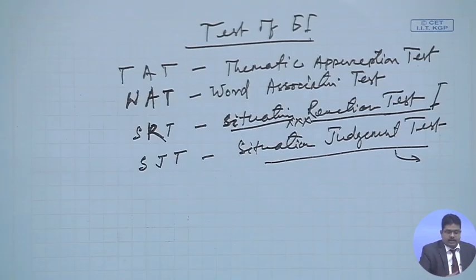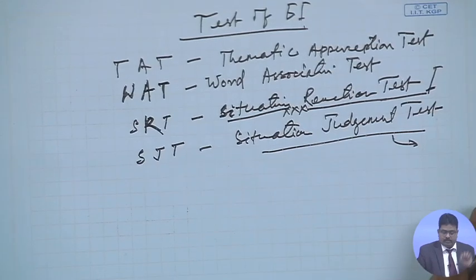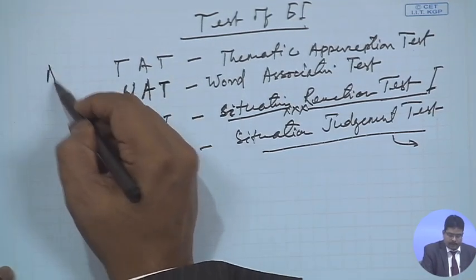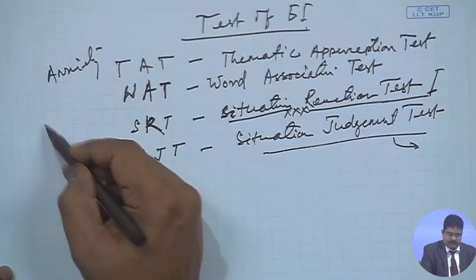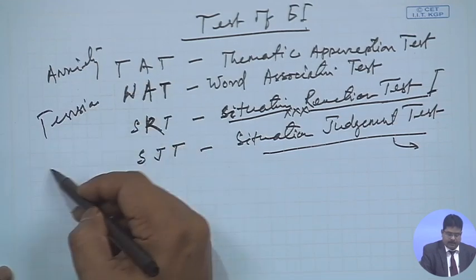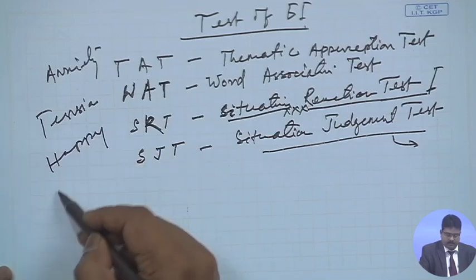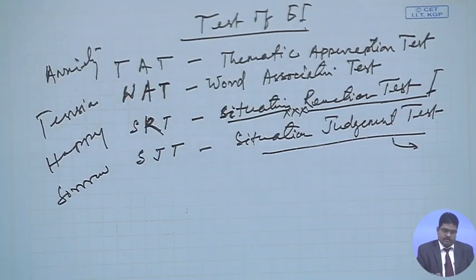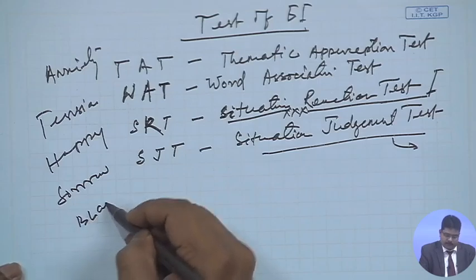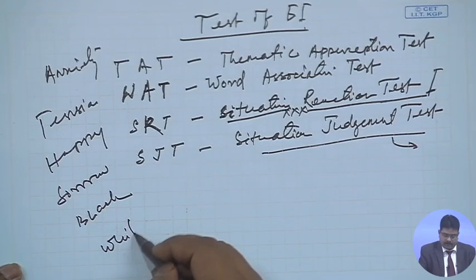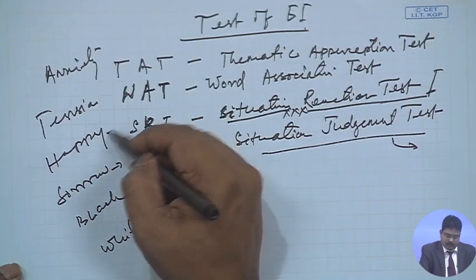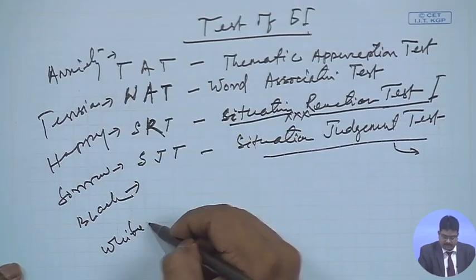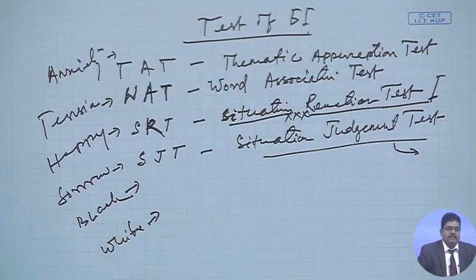Say I have listed a group of words like anxiety, tension, happy, sorrow, a combination of both positive and negative words, or say, black, white. How the person connects his ideas, thoughts and feelings and expresses them in the form of a full sentence will be an indicator of his actual original feelings or the state of his emotions.